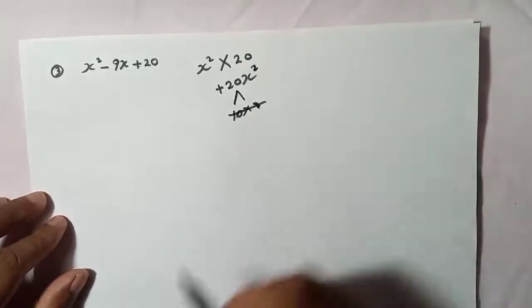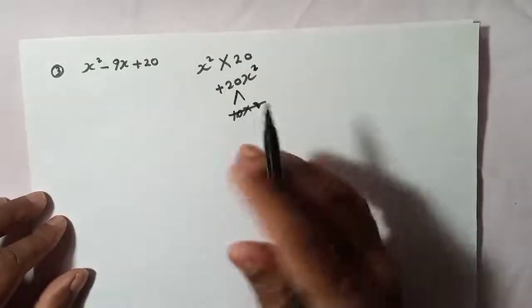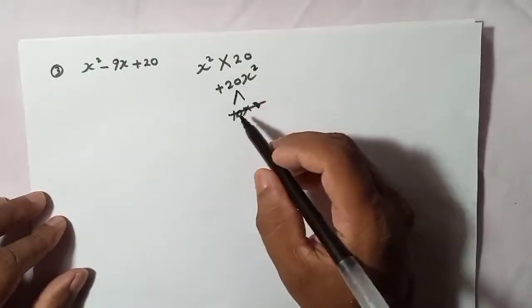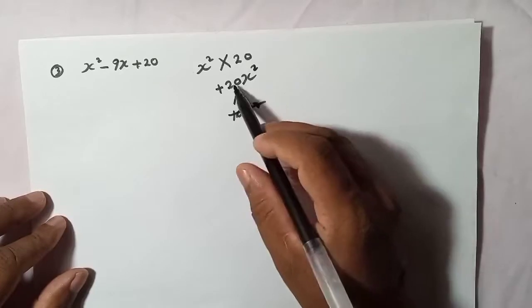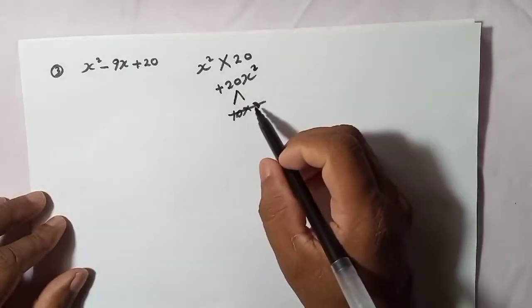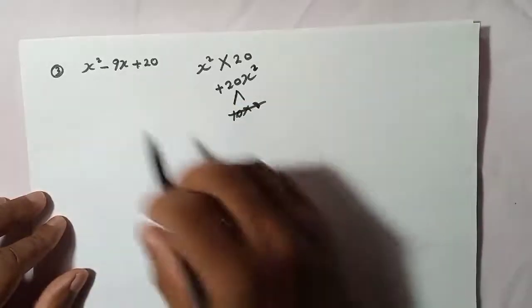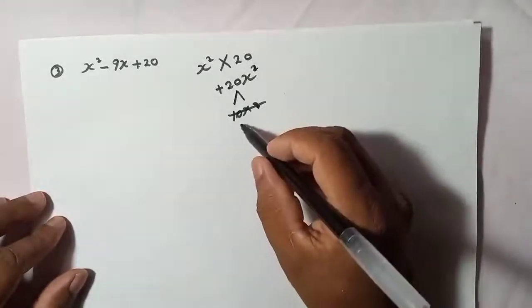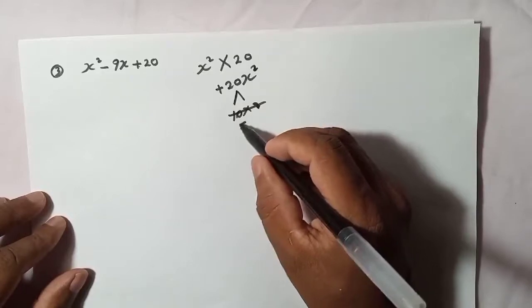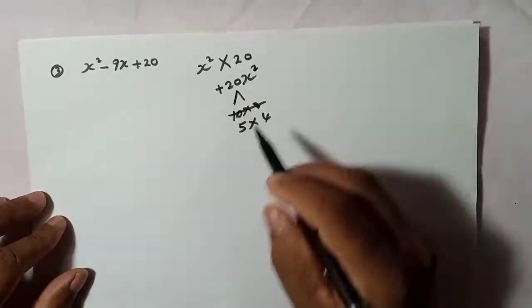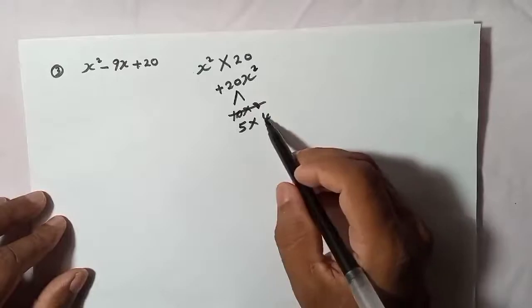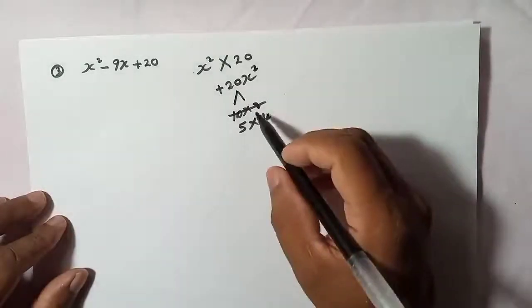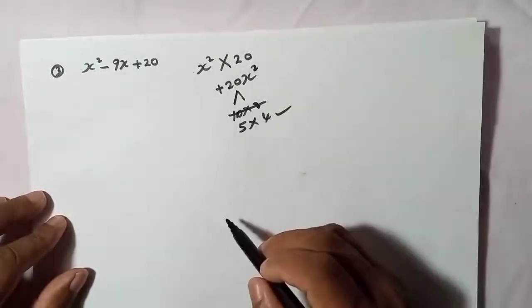So don't consider the sign yet, just think that way. First of all, this number into this number, whether we can get this number by adding, or by subtracting. That's enough. Then the next one, 5 into 4 is 20, 5 plus 4 is 9, so you can get this. These are the numbers you have to think.